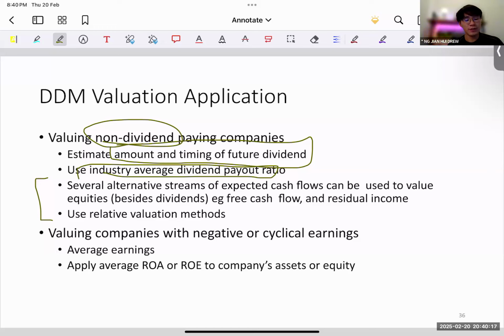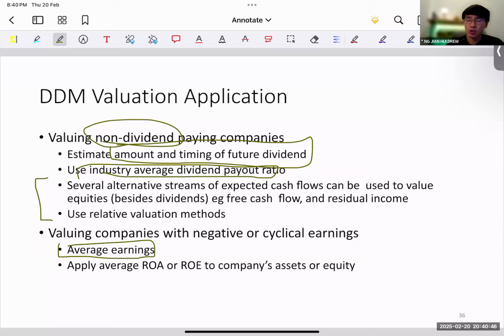So in case we are valuing a firm with negative or cyclical earnings, what we can do is we can use the average of earnings. So especially, right, if you are going to do a valuation of firms that are affected by seasonality, right? Seasonality. So typical firms that are affected by seasonality are your retail firms, right? If you're going to be affected by seasonality, then we need to do some averaging of your earnings.